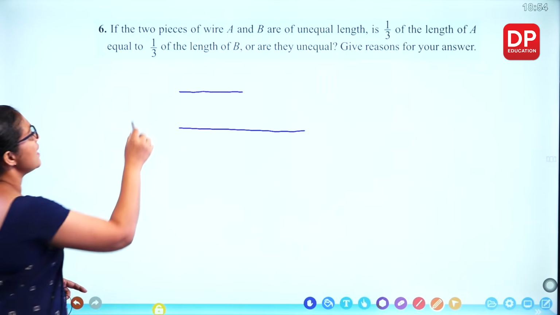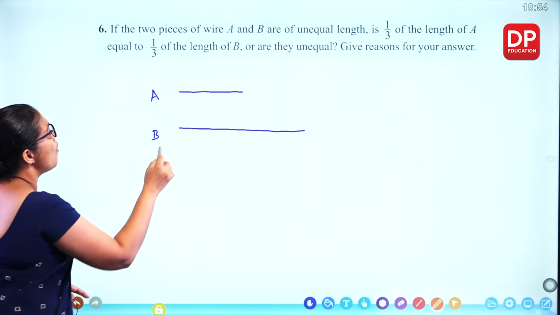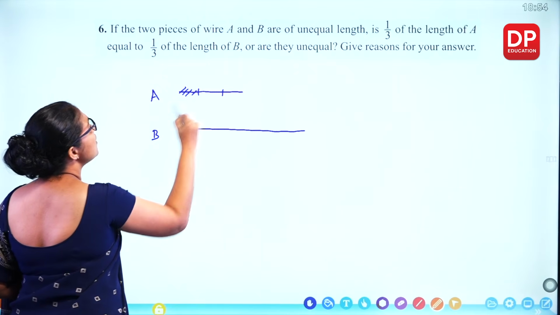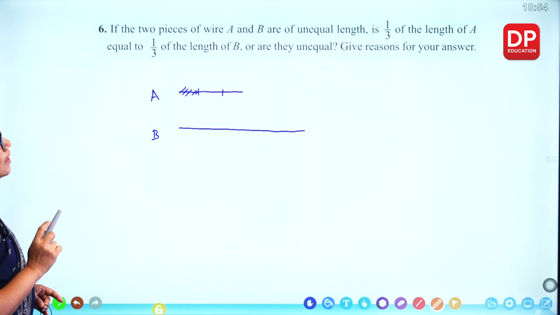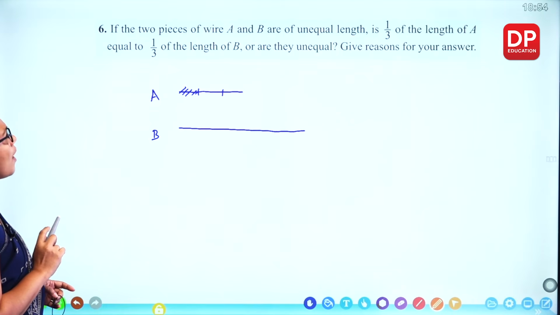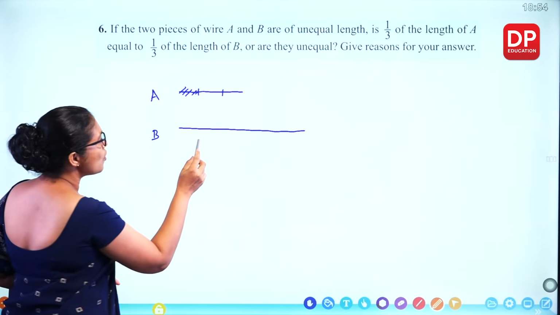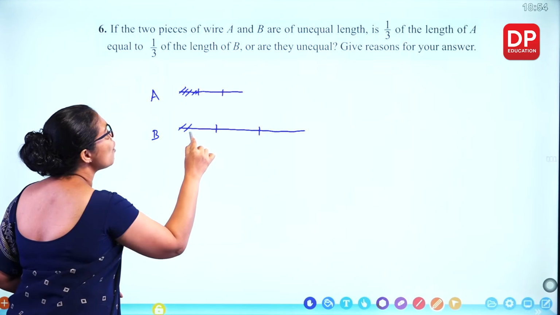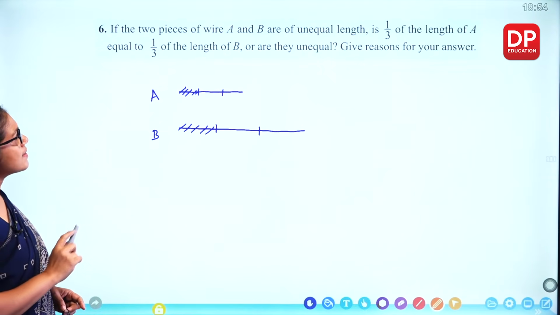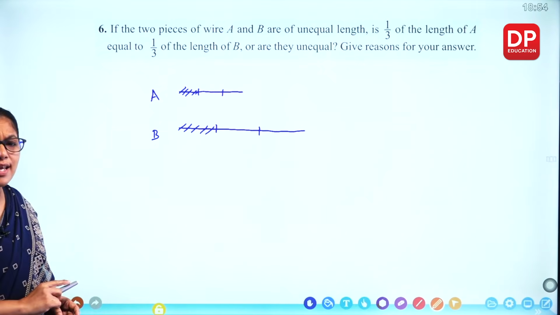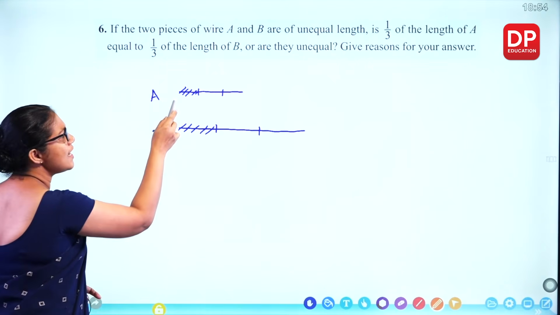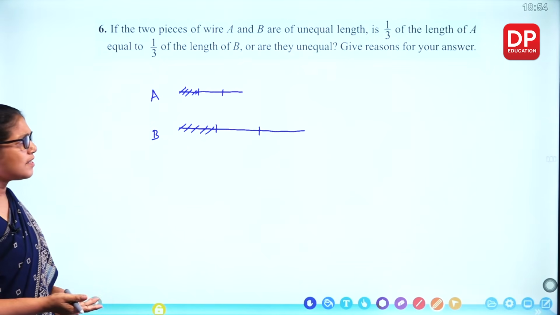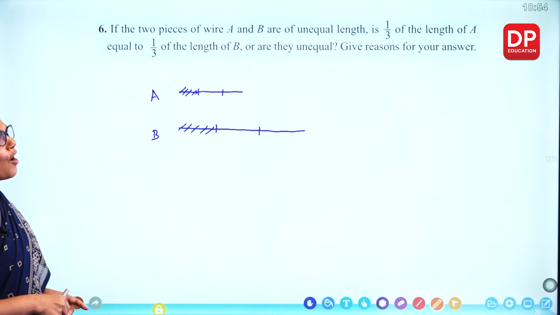This is A and this is B. 1/3 means when you divide into three parts, 1/3 of the length of A is equal to 1/3 of the length of B. So if you divide this by 3, something like this, this is 1/3 of B. Now they are asking, are they unequal? If the lengths are different, 1/3 is also different.